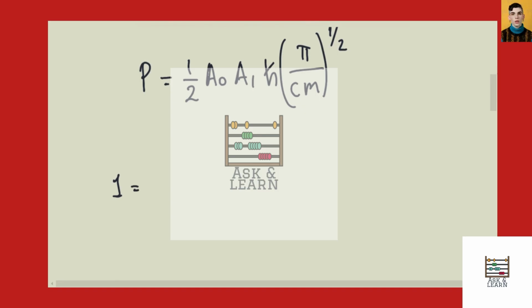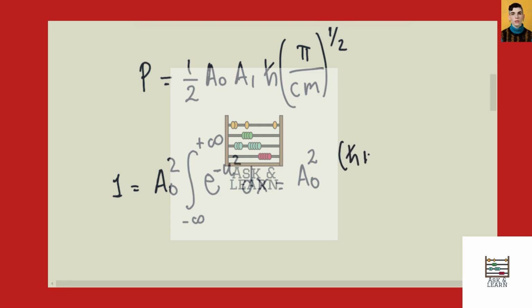So we know that 1 should be equal to a sub 0 squared times the integral from minus infinity to plus infinity of the exponential of minus u squared, integrated over x. So from this, we know that this should be equal to a sub 0 squared times h bar times pi, elevated to 1 divided by 2, divided by the restoring force times the mass, elevated to 1 over 4.